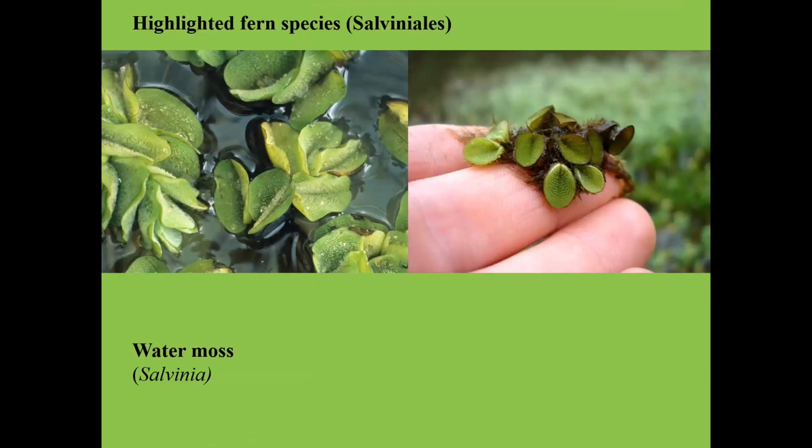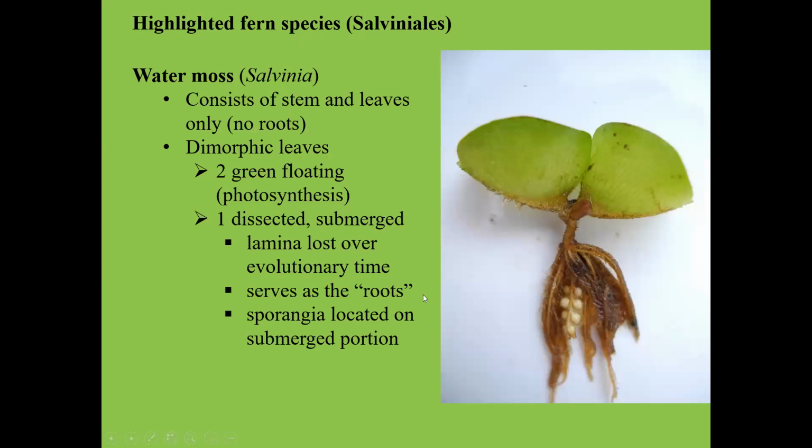Another type of Salviniales is Salvinia, water moss. Water moss, also super tiny. You can see it here on this person's finger. Water moss also has leaf dimorphism, but here it's a little weird.